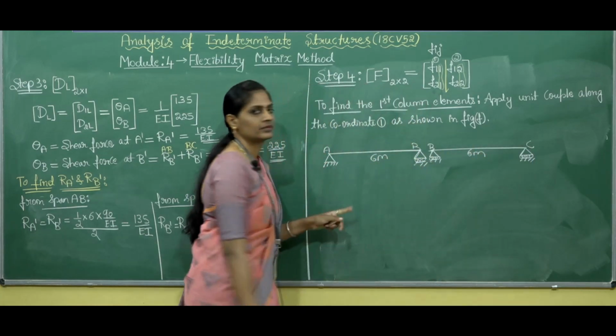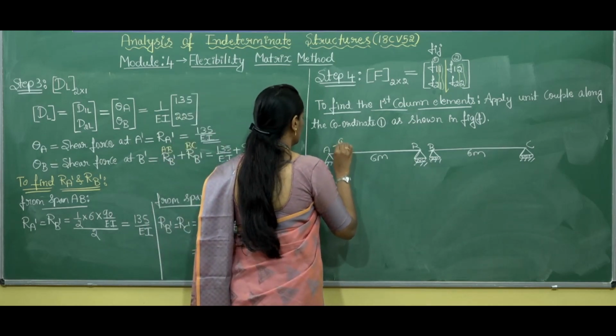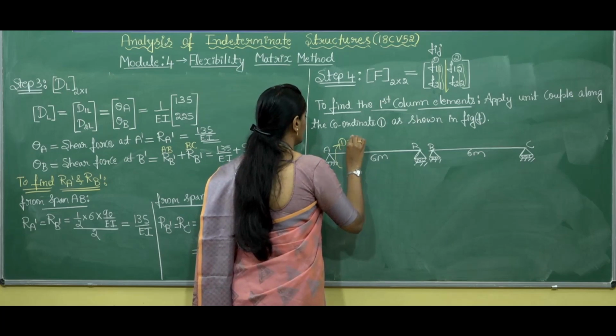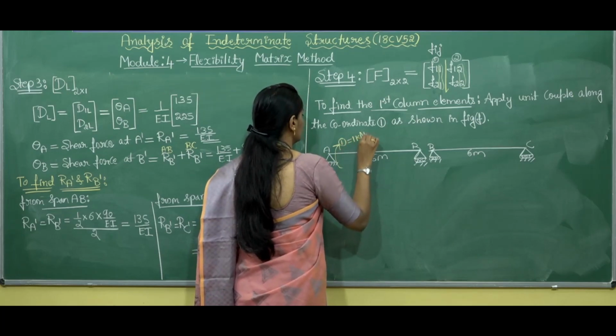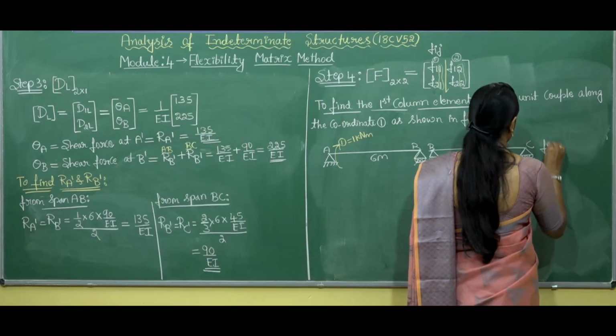We know at A we have coordinate number 1. So this is coordinate number 1 and we are going to apply unit couple, that is unit moment, at coordinate number 1. This is figure F.